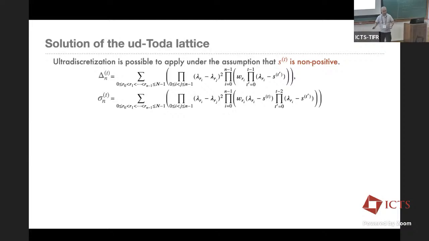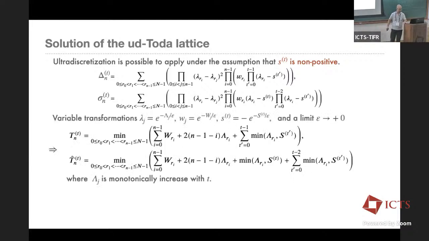Just yesterday we introduced this. After that, assuming some conditions on s, w and lambda could be positive. Otherwise, it's impossible to introduce this variable transformation. In this expression we are assuming lambda j, the eigenvalue of the corresponding Jacobi matrix. And w_i appears in the expression of the linear functional, which is the Gauss quadrature formula.